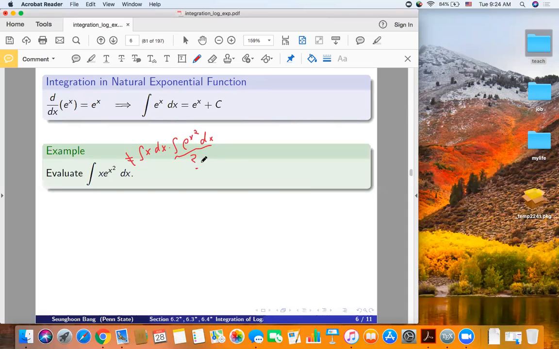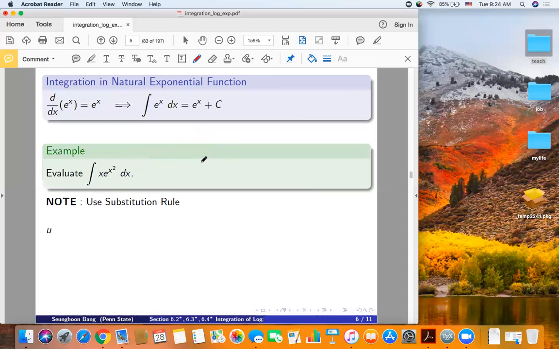The other method is u substitution. So in chapter 6, we use two methods: formula or u substitution. In this case, we don't have a formula. We can use u substitution. This is the idea. What is u?